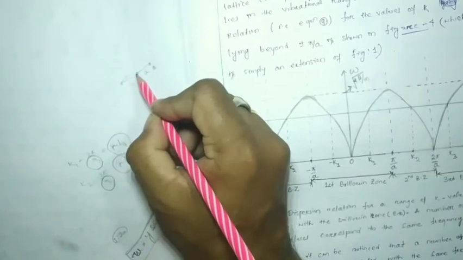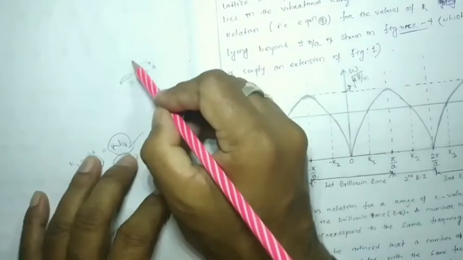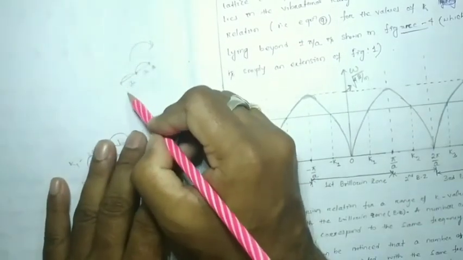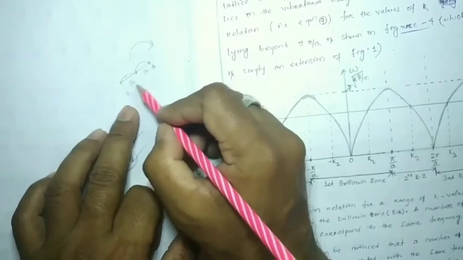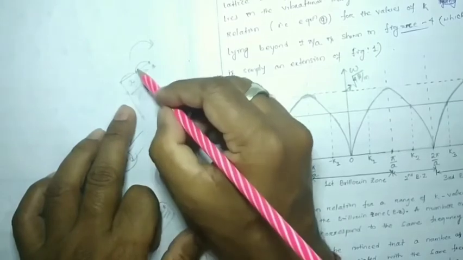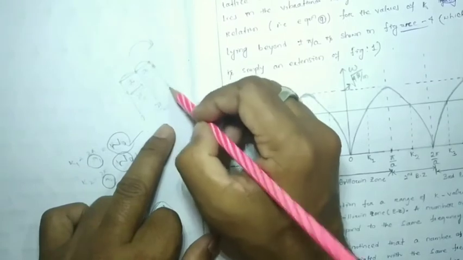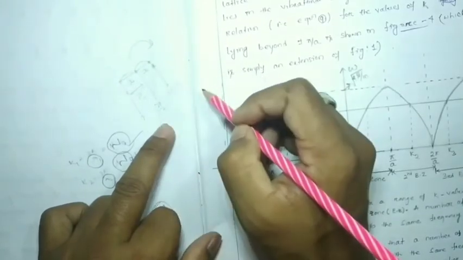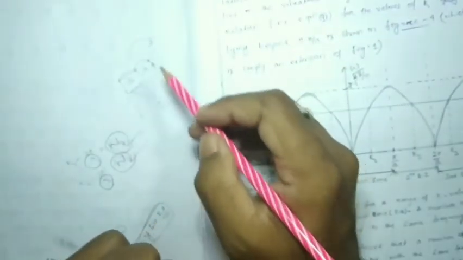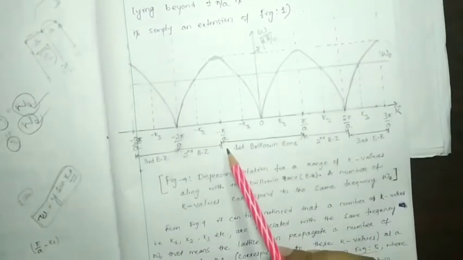So with repetition of the lattice with a distance of a, if I transform this to the reciprocal lattice, then this lattice will be repeated with a distance of 2 pi by a. So if this is 0, the next location in the reciprocal lattice will be 2 pi by a, and this will be 2 into 2 pi by a, like this. That means between two lattice points the distance will be 2 pi by a in the k space, the so called reciprocal space. So this is the representation of the different Brillouin zones.